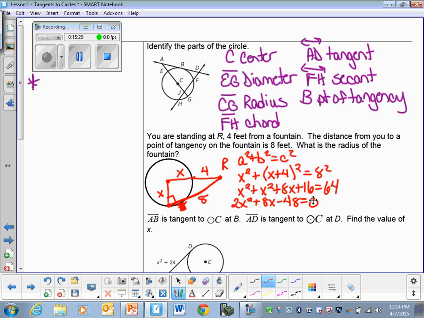All right, so a little algebra. Your quadratic has to equal 0 before you can do anything with it. You have to pull out the greatest common factor, x squared plus 4x minus 24. Now let's see, negative 24, we've got 1 and 24, 2 and 12, 3 and 8, 4 and 6.